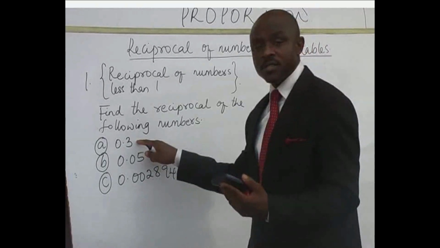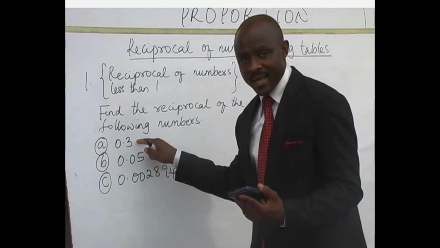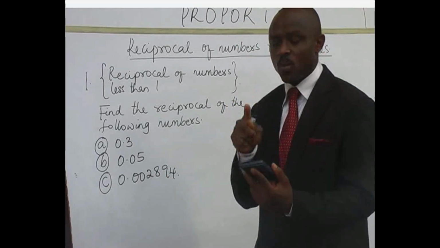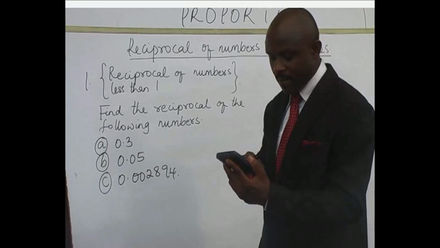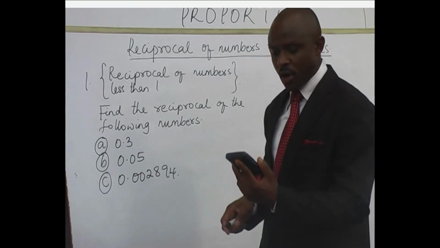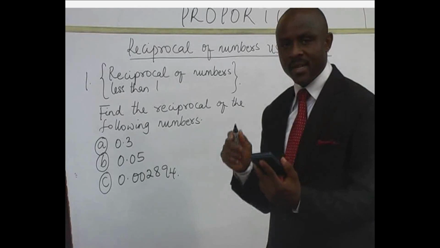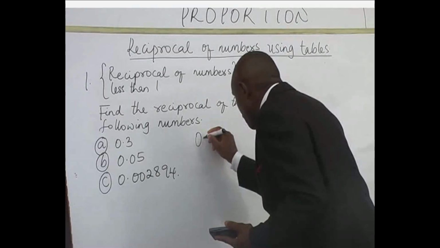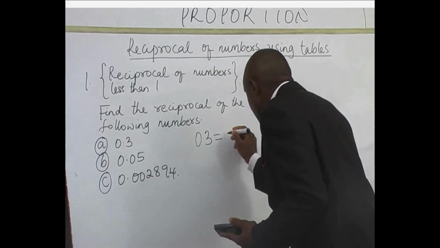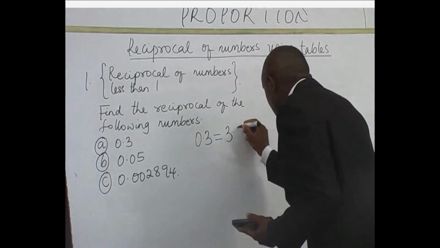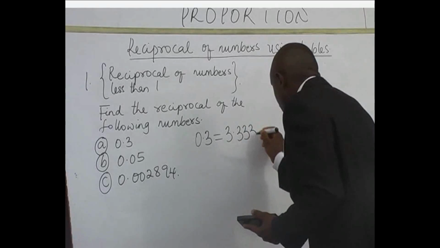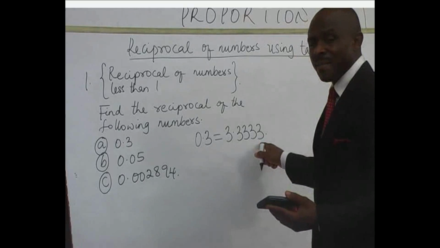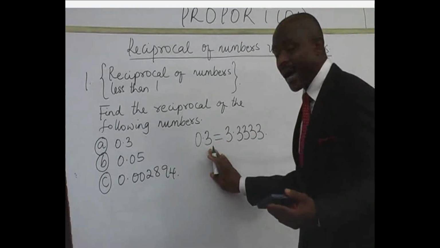The reciprocal of 0.3 from the calculator means 1 divided by 0.3. 1 divided by 0.3 is giving us 3.333. So the reciprocal of 0.3 is 3.3333 recurring. So let's stop at 4 decimal places. This is from our calculator now.